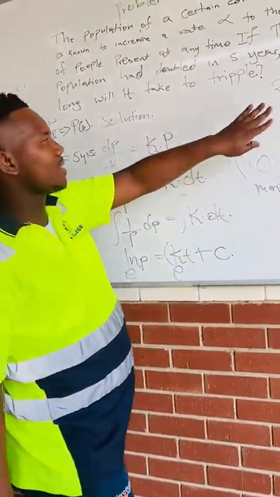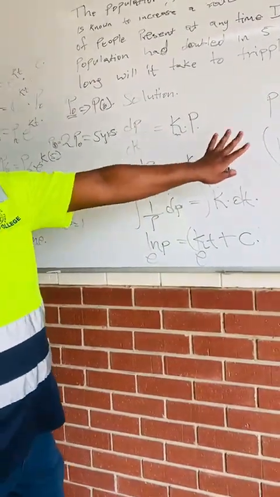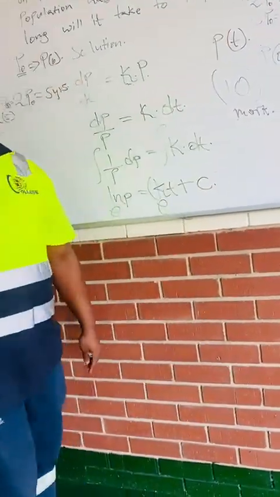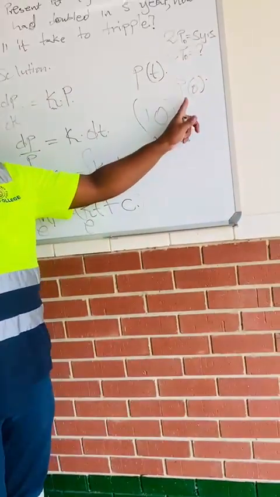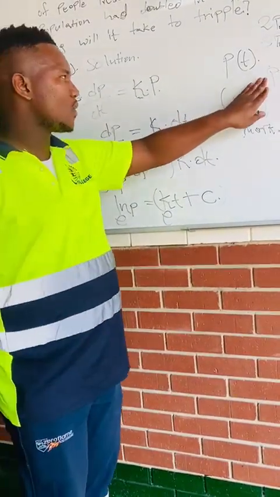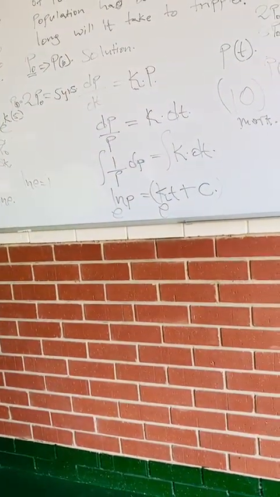Now, don't worry about P naught. Our P naught will be our initial value this time. It's like P at a certain time. Now, our P naught is P at 0. At 0 time, we have our population at P naught. This is our initial value actually.